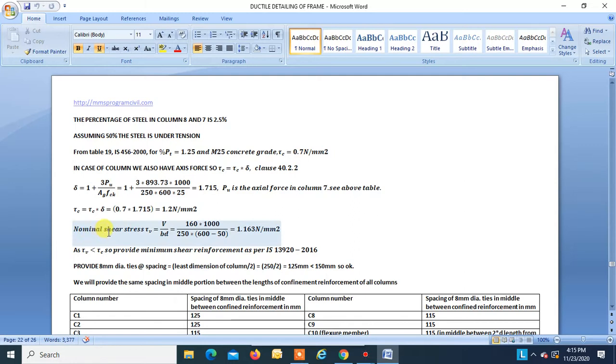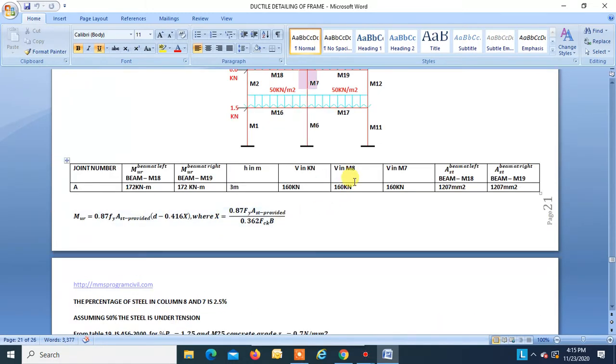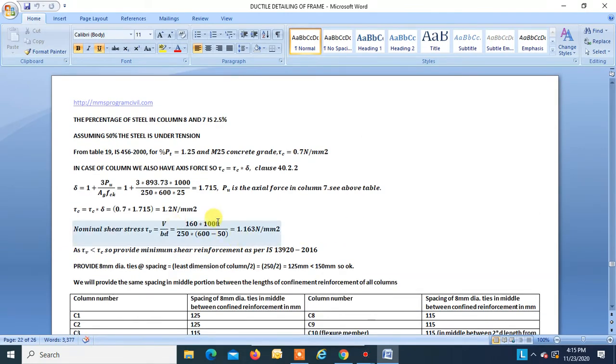Now we have to find the nominal shear stress, tau v equal to V divided by bd. We found V as 160 kilonewton, so that is found to be 1.163, which is less than tau c, which is 1.2. So as tau v is less than tau c, we will provide minimum shear reinforcement, that is, tie spacing as per IS 13920:2016.